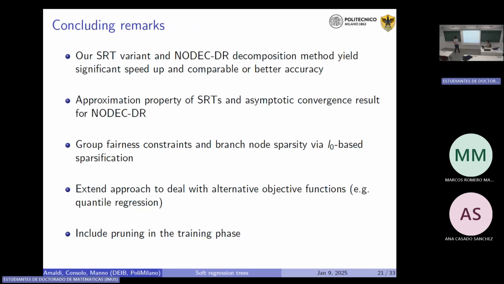So just to conclude, I will not repeat what I already presented, but we would like to extend this type of formulation to handle different types of regression problems, like quantile regression, in order to build models that are more robust with respect to outliers, for example.